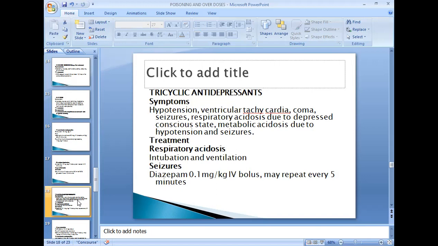For seizure management, we can give diazepam 1 mg per kg IV bolus, and it can be repeated every 5 minutes depending on the recovery of the seizure condition.